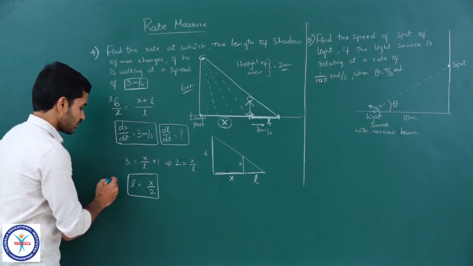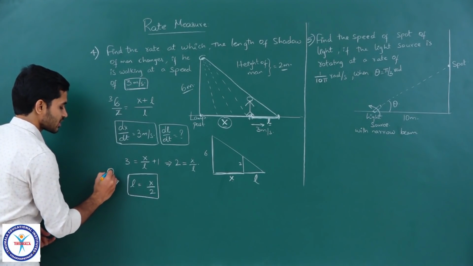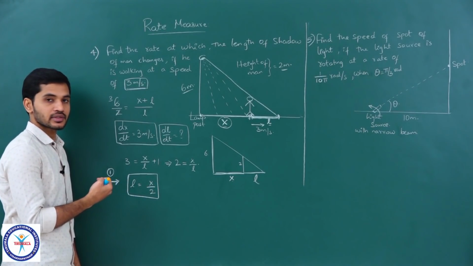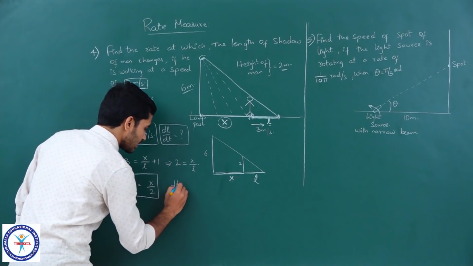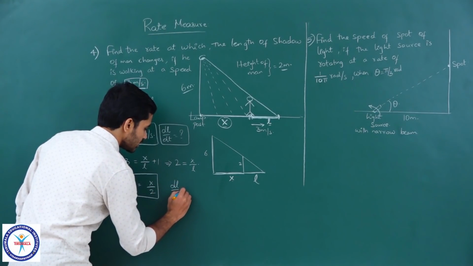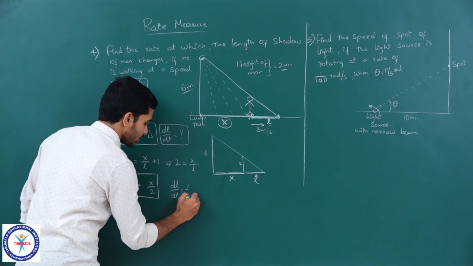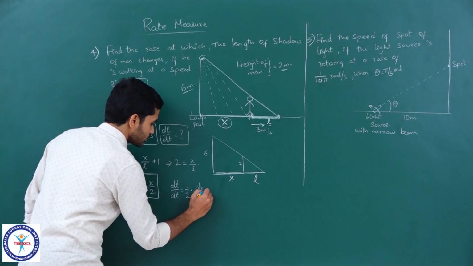I have the relation. The first step of my rate measure process is over. This is my first step, correct? Now what is the second step? Differentiating it, right? So if I differentiate it with respect to time, I would be getting dL by dt is equal to, if I take 1 by 2 out, 1 by 2 into dx by dt.